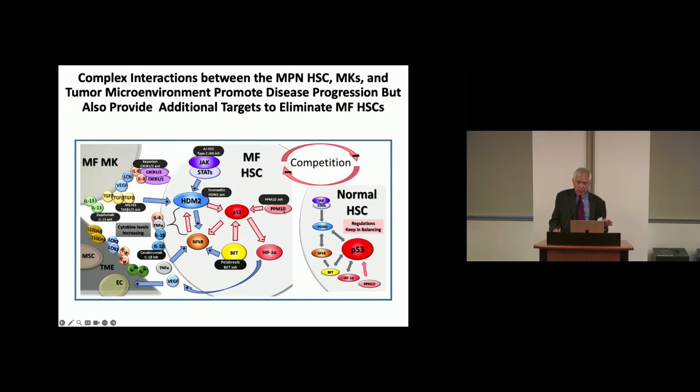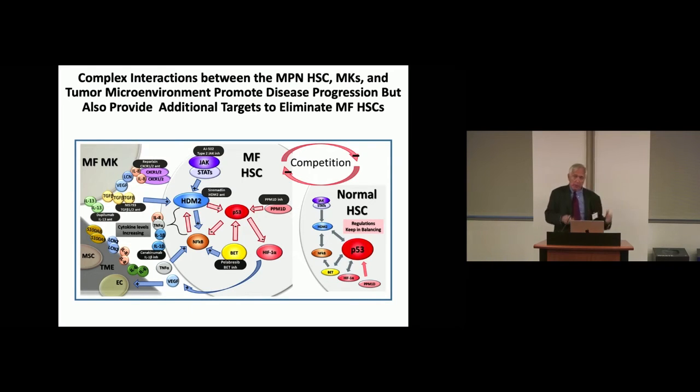There's downregulation of the tumor suppressor gene P53, and there's also upregulation of another transcription factor that's involved with hypoxia, which is called HIF-1 alpha. So really, we have a lot of barriers. And the question is, if we attack these other barriers beyond the JAK-STAT pathway, will we be able to eliminate these stem cells and prevent progression?